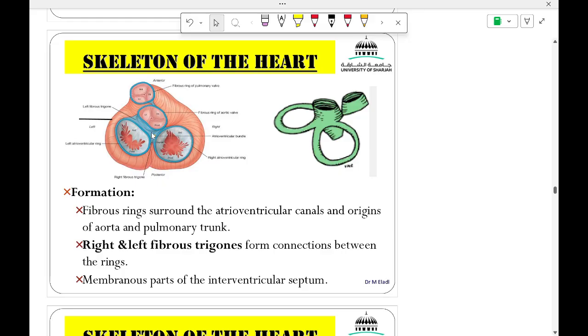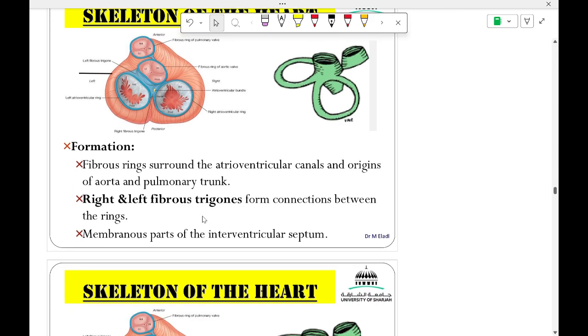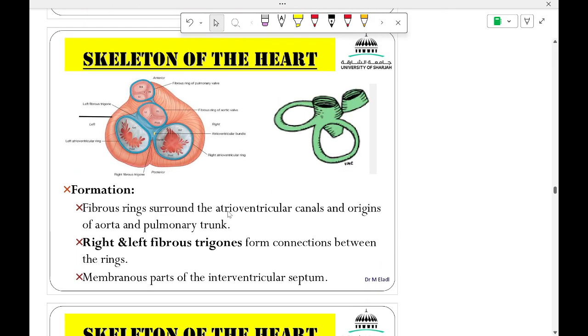So we have the right fibrous trigone, which is more or less connecting the right atrioventricular ring with the left atrioventricular ring, and the left fibrous trigone, which is connecting the left atrioventricular ring to the fibrous ring of the aortic valve. Now, these fibrous rings are spanning the membranous parts of the interventricular septum.